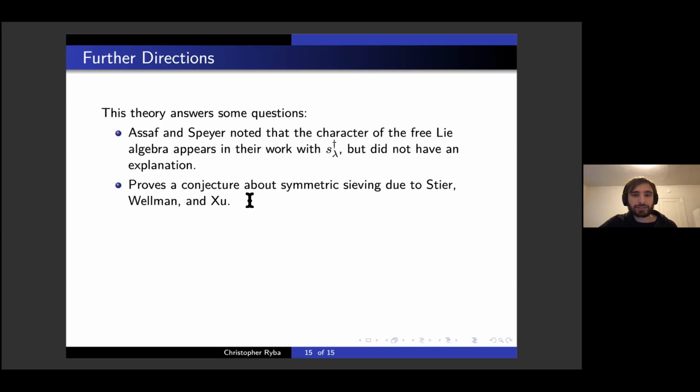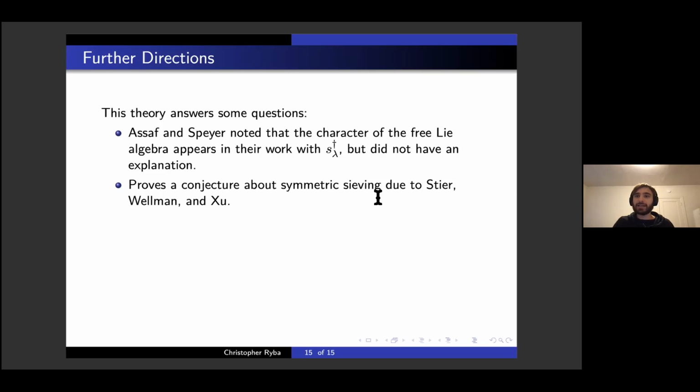And also there was a conjecture about something called symmetric sieving, which is a variant of something called cyclic sieving. So again, combinatorialists sought to understand certain actions of the cyclic group on some important sets. And they found that there's a lot of data about the action contained in particular polynomials.